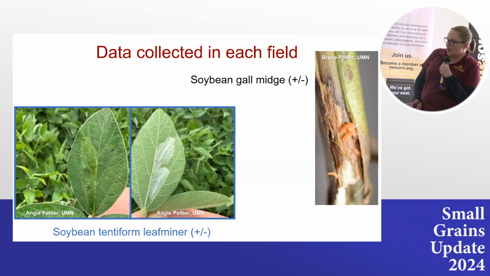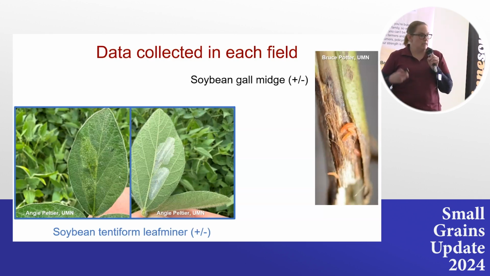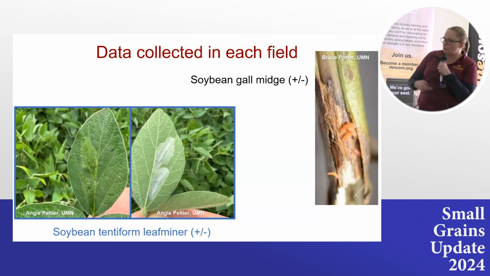It does parasitize two different natural plants, American hog peanut and another kind of wild plant that grows around, but it's decided soybeans are also on its menu. If you looked at an infested leaf from the top, you might, if you look very closely, notice that something's going on there.